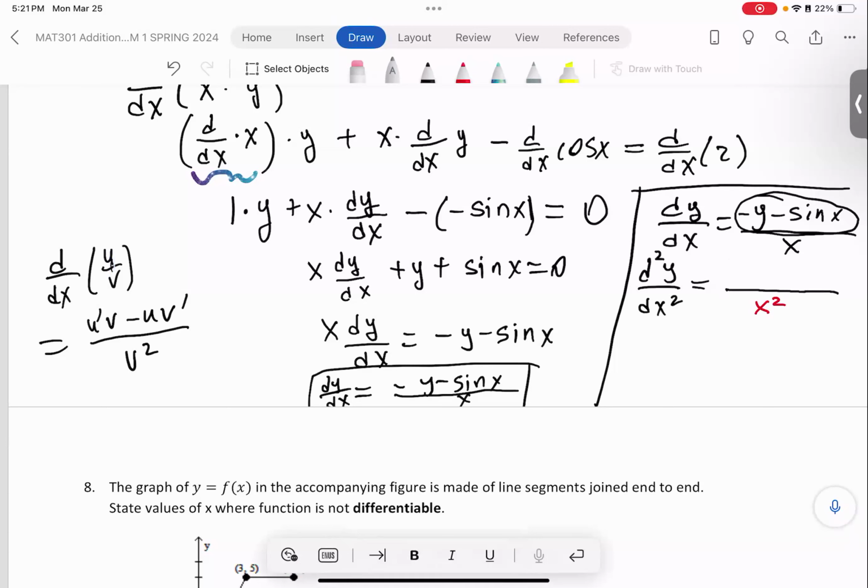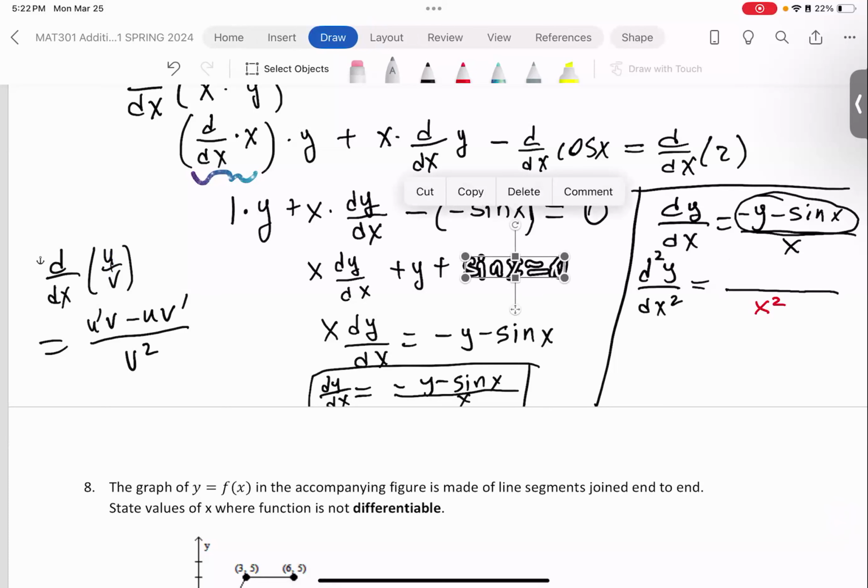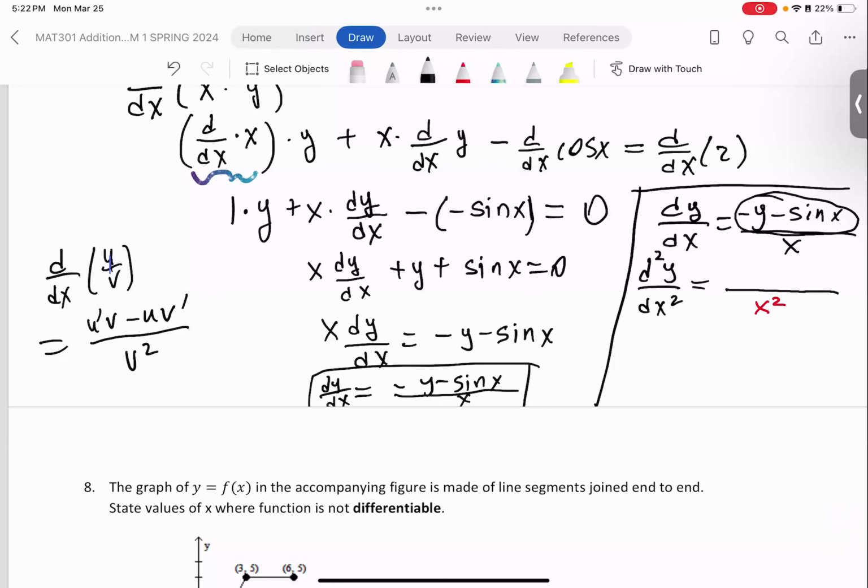I usually use OneNote, and this is on Word. Okay, fine. So what's the derivative of negative y? So we're differentiating this. Negative dy dx, so y prime.